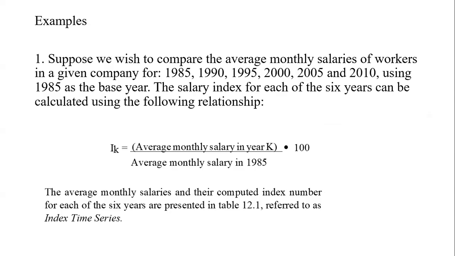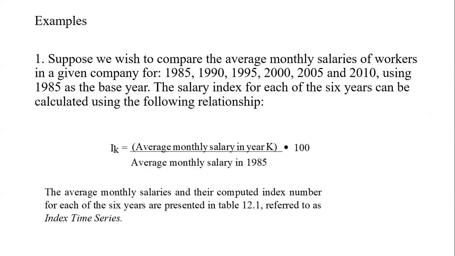Now look at this example. Suppose we wish to compare the average monthly salaries of workers in a given company for 1985, 1990, 1995, 2000, 2005, and 2010, using 1985 as the base year.